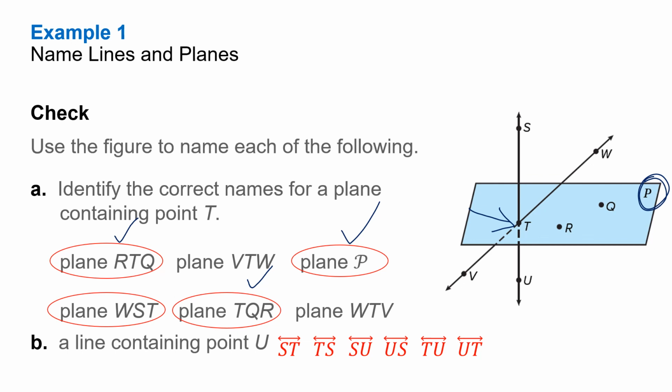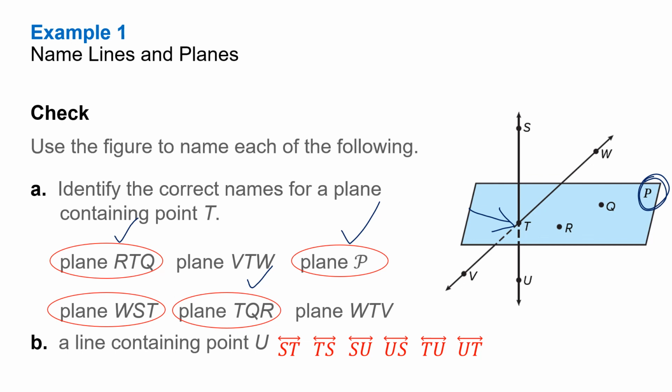The one that's the least obvious is plane WST. Well, if you recall from our definition of a plane, there is exactly one plane through any 3 non-collinear points.